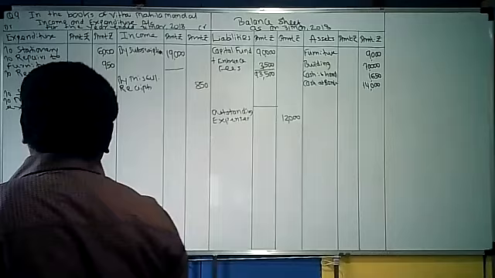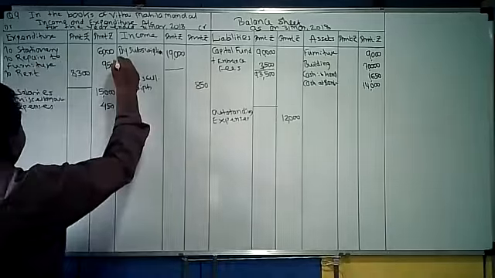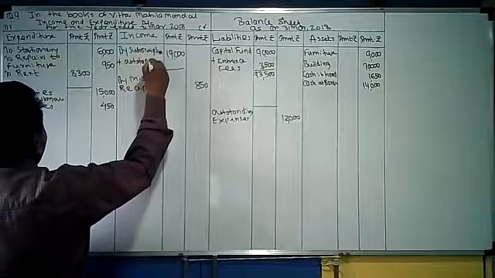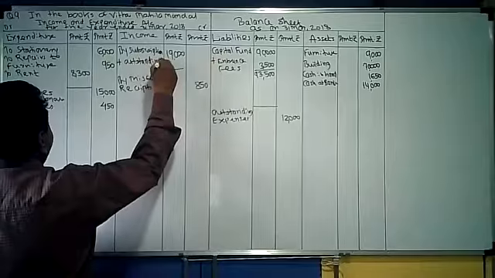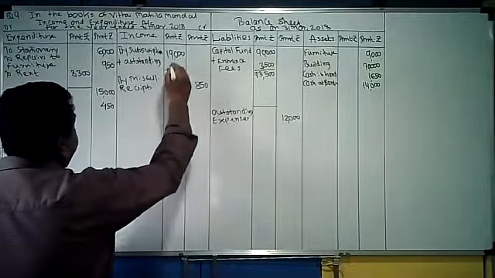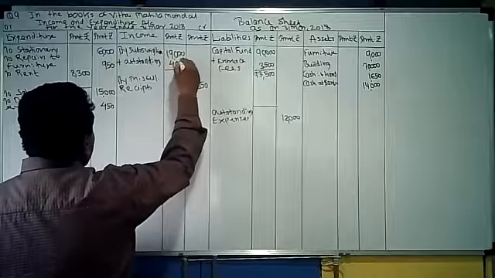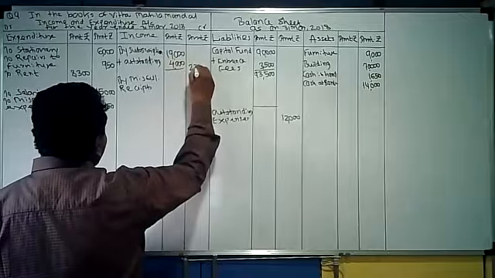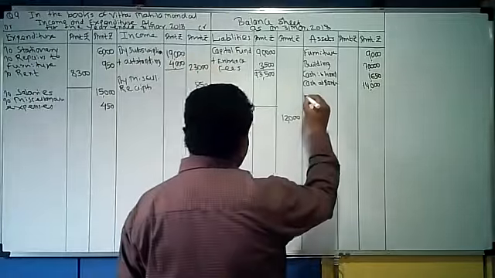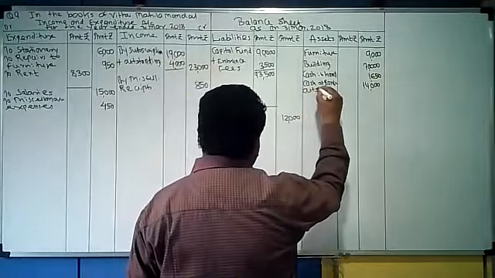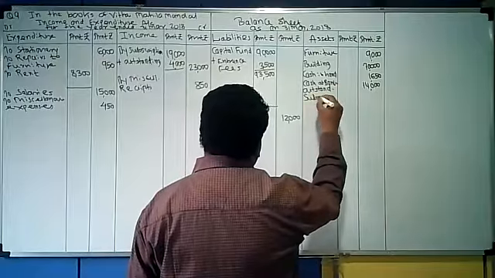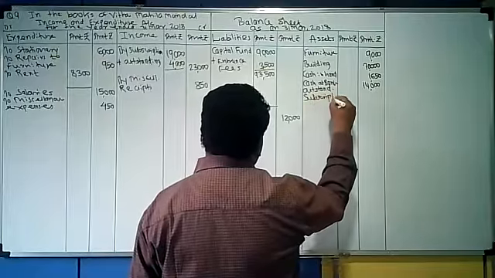So outstanding subscription, add in subscription, which is 4,000. And to be recorded in balance sheet assets. Outstanding subscription, balance in assets.